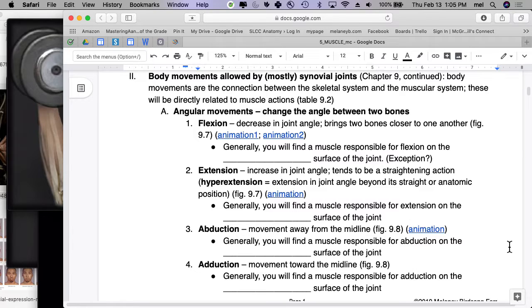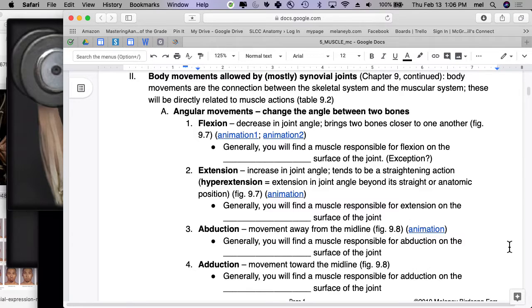Okay, so that's 180. So let's talk about flexing that joint. If we start from anatomical position and we do flexion, we're going to reduce the angle of that joint. Extension, we'll talk about in just a second, is generally returning it back to anatomical position.